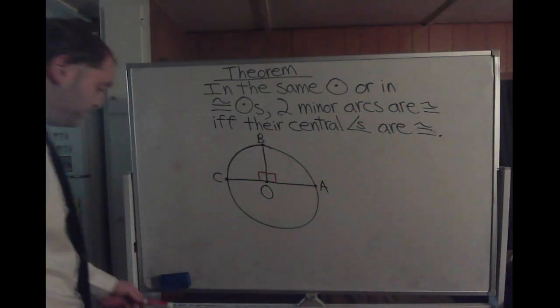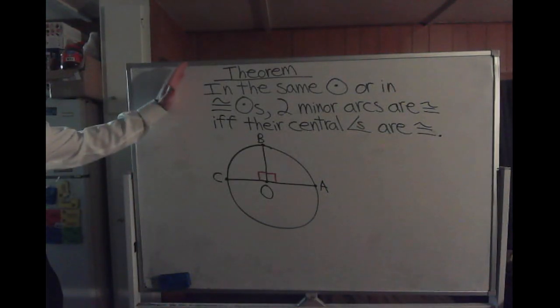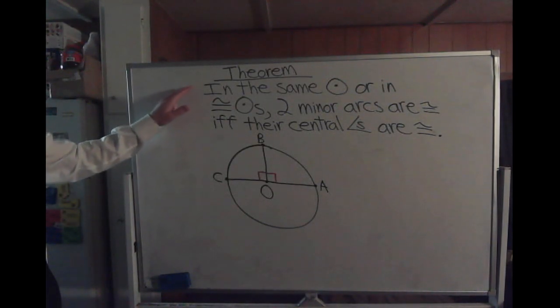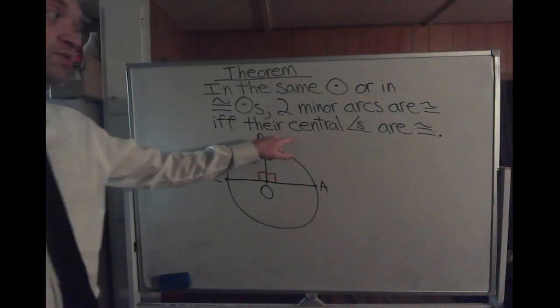Alright, so we have here that this theorem states that in the same circle or in congruent circles, two minor arcs are congruent if and only if their central angles are congruent.